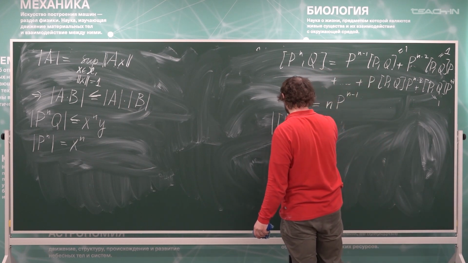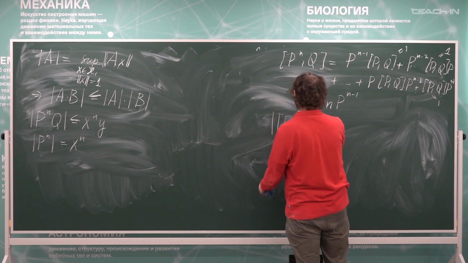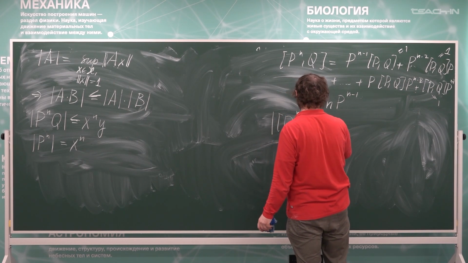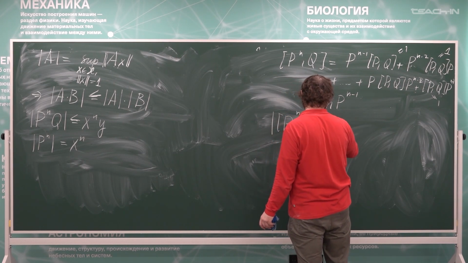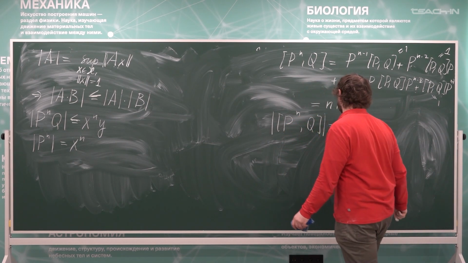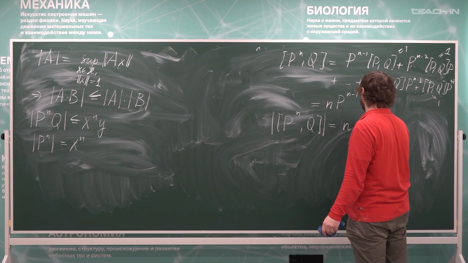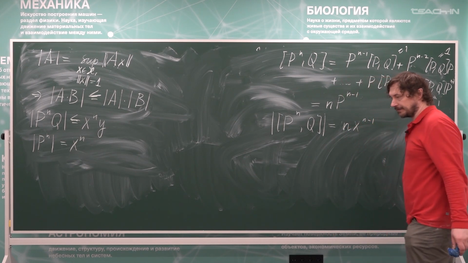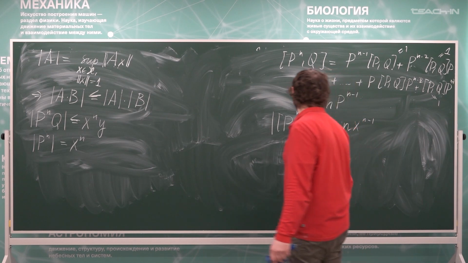So what we have here is the norm of the commutator of p^n and q is equal to n x^(n-1), right? Just by this.